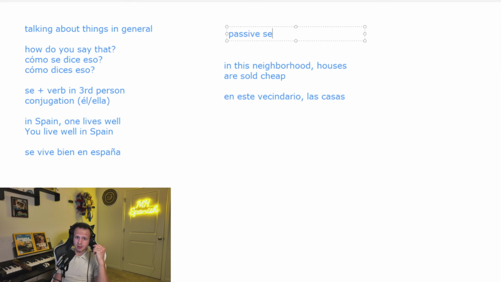Whether it's a complex grammar rule about the subjunctive or conceptual stuff about reflexive verbs and se and passive se and impersonal se and reciprocal se is another definition they throw out there. I just want to know, how do you use it? Like, I don't have time to be thinking in my head, oh, is this the case of the reciprocal se? Is this the case of the impersonal or the passive se? No, I don't have time for that, and that's not realistic. Native speakers don't do that. You don't do that in English.